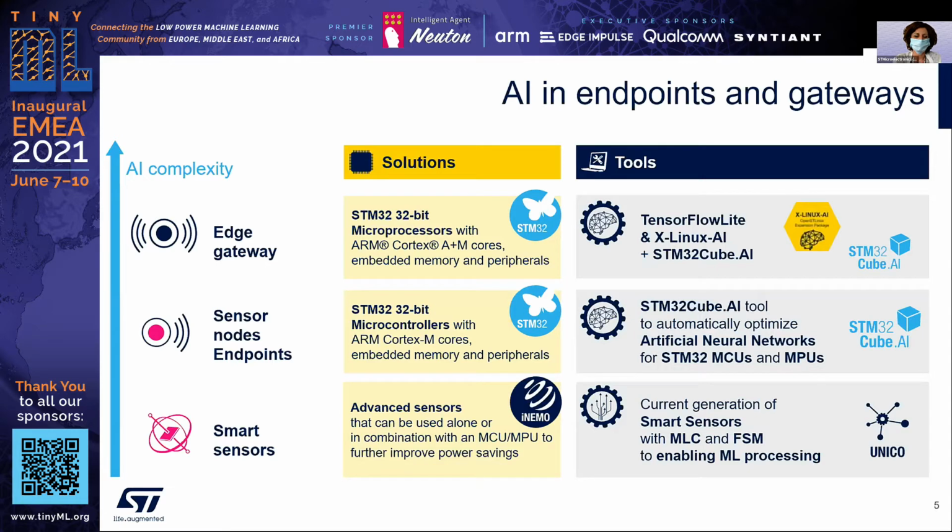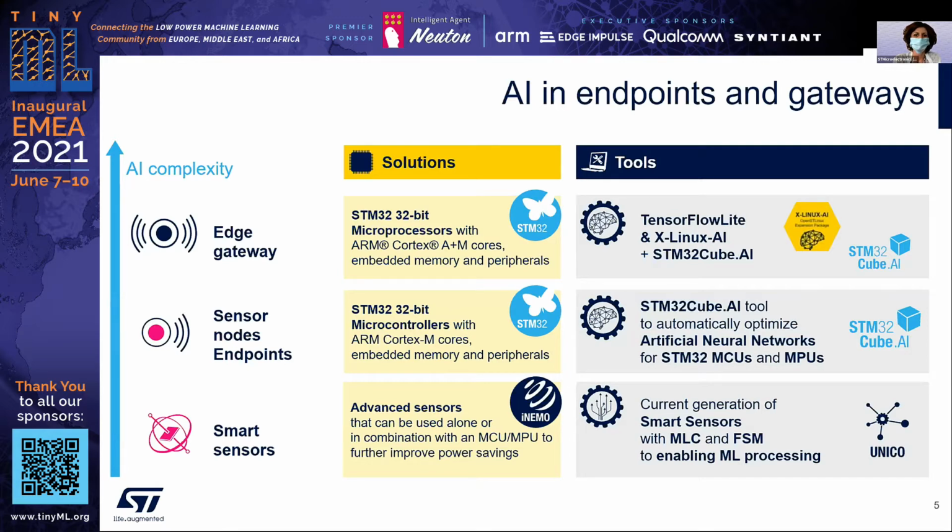Let's go into more detail about this structure, where you can see on the left side the AI complexity, from the bottom where we have the sensors, up to the edge gateway and more on the cloud. But let's start from the smart sensors.